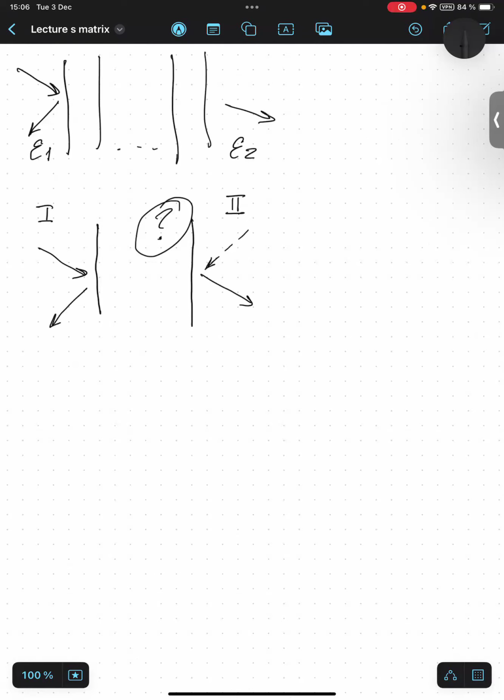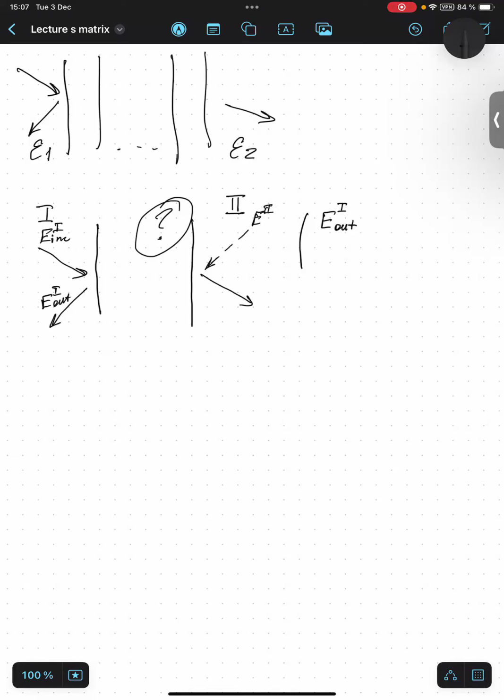We can write it like this. For example, E in first region, outgoing. So outgoing field in this region. Here, and first region also here.